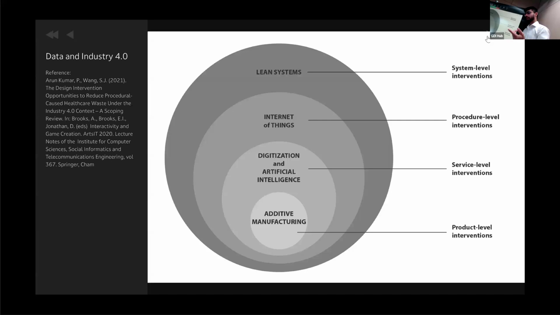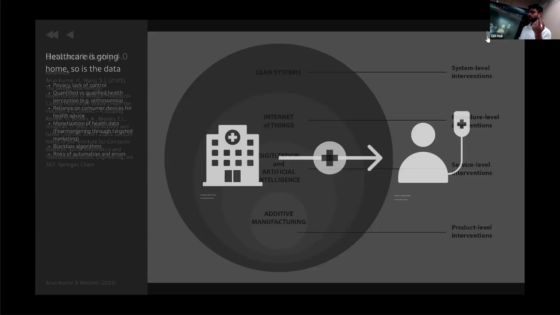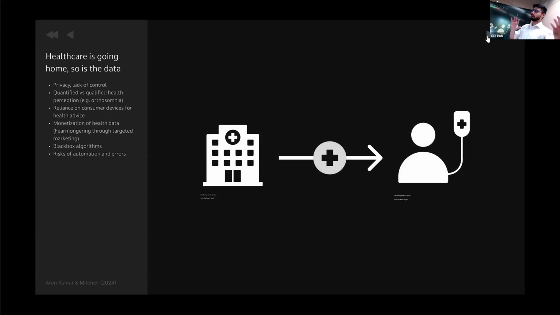But then there are downsides of data as well. So we know that more and more healthcare is leaving the hospitals and traditional silos and entering into our home environments. We have more wearable devices. Most assistive devices are owned and used by us. So it's becoming personal. And so the data associated with it is also becoming personal.